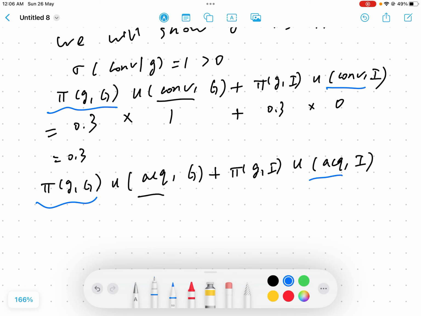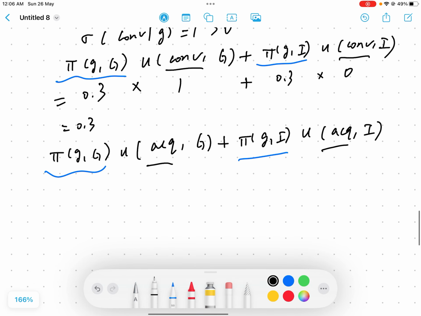This is very straightforward, so let's calculate that.